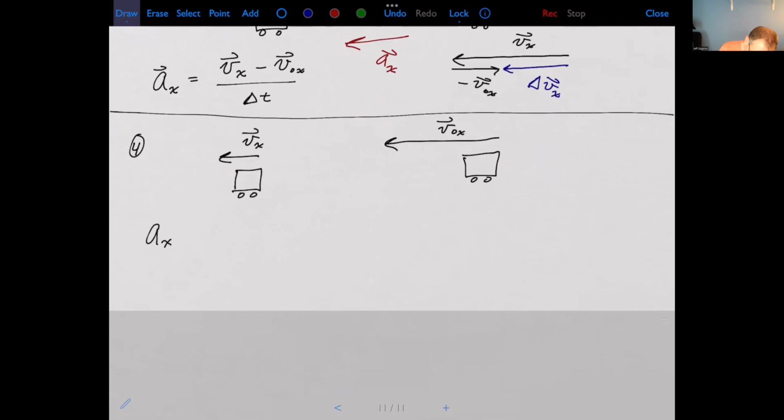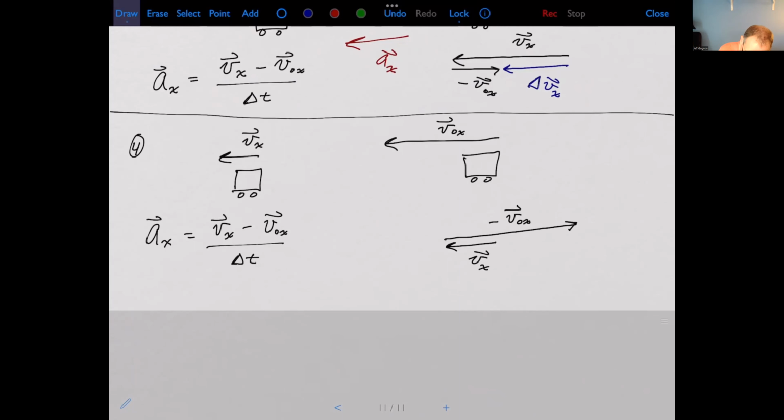So again, I'm going to find Vx minus V naught x divided by delta t. So I start by drawing Vx. I want to add negative V naught x to it. So now I'm going to put the tail of negative V naught x to the tip of Vx. So it's going to look like this, right? Because that's negative V naught x.